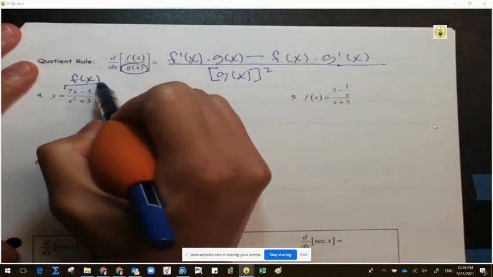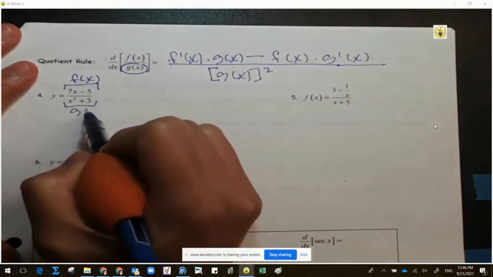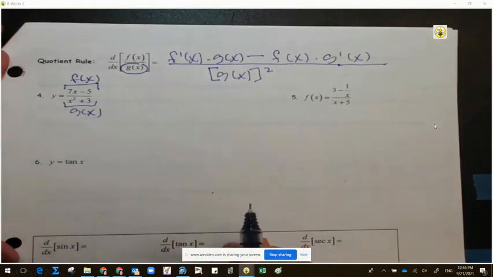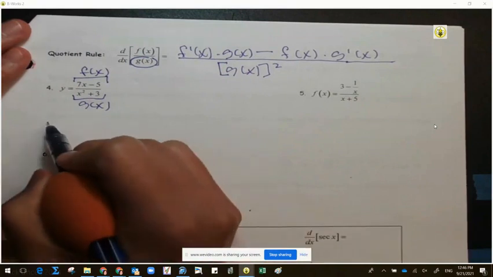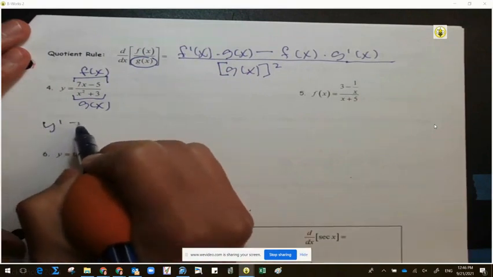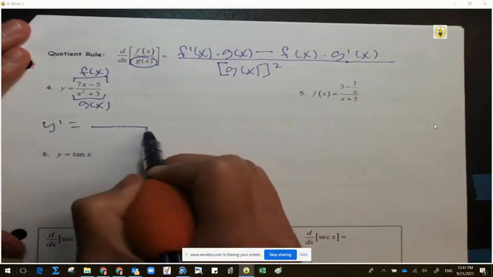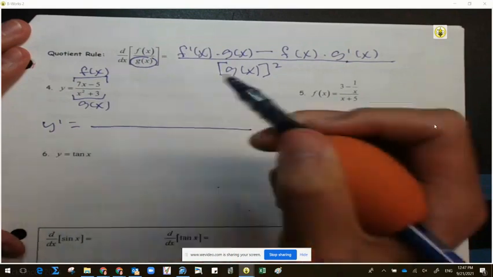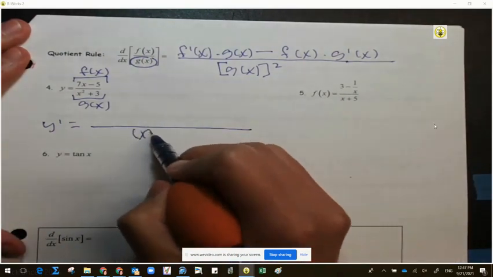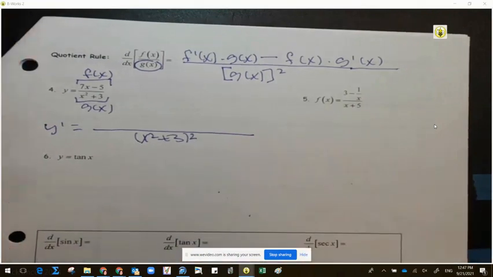So here's my f of x. Here's my g of x. And the function given to us by y is equal to, our derivative will be y prime. And as a good reminder, let's go ahead and square the bottom. X squared plus 3 all squared. Because when you get carried away with the numerator, you might forget the bottom.